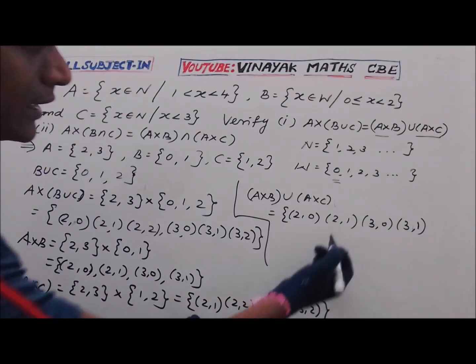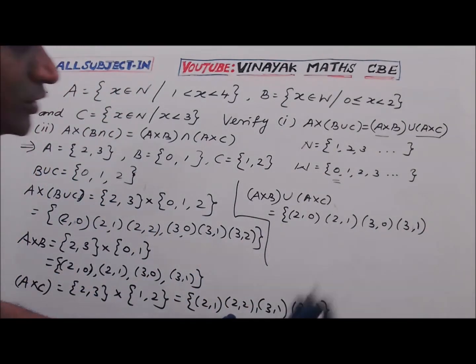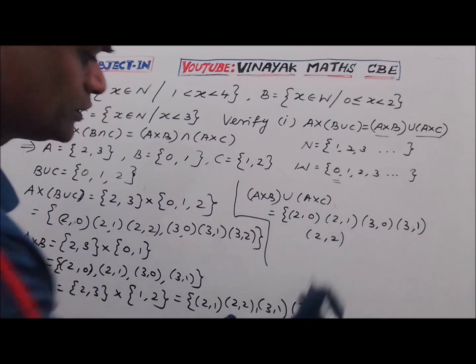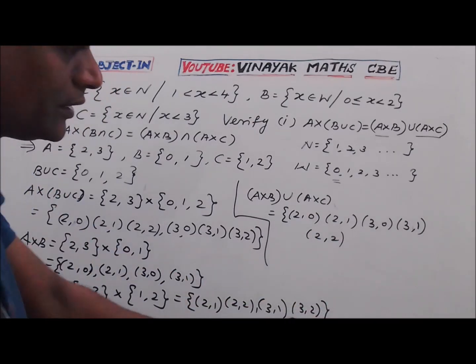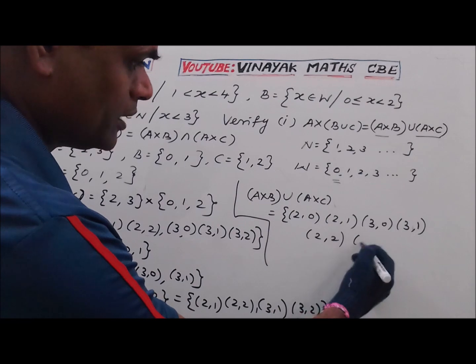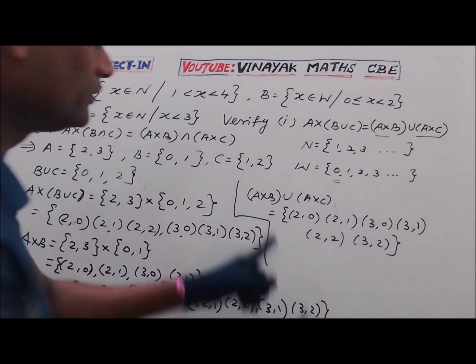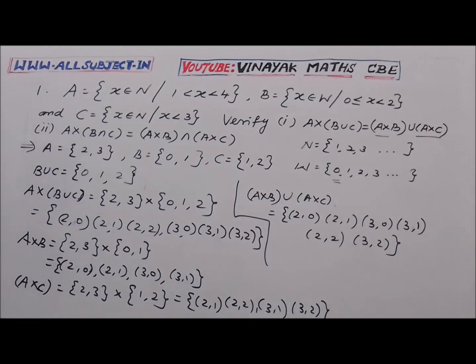And here (2,1) we have already entered. Then (2,2) is not entered, so (2,2). (3,1) we have entered, need not enter again. And (3,2). So this is known as A cross B union A cross C.